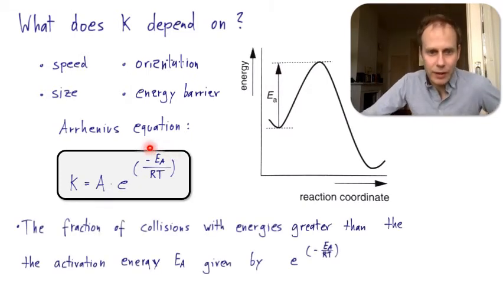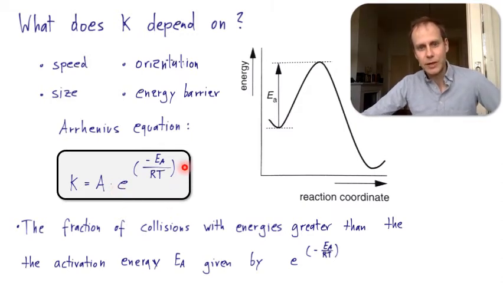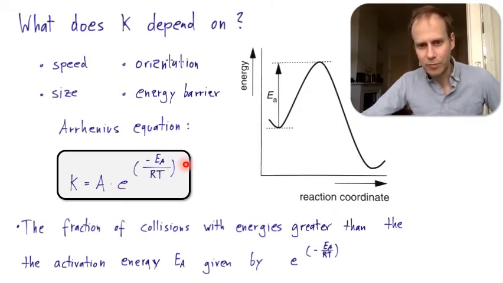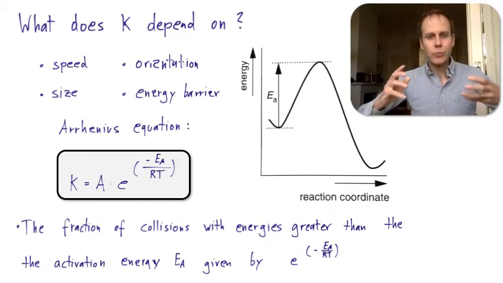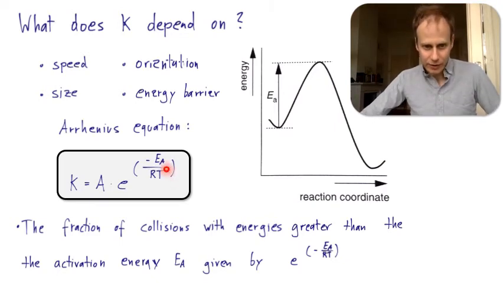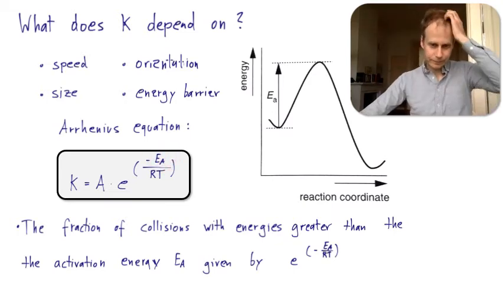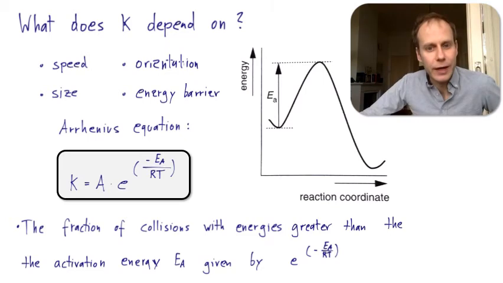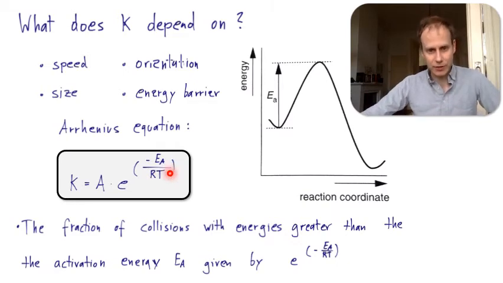And the entire term, this exponential function, tells you the fraction of molecules or of collisions with energies that are greater than the activation energy, right? And you see the temperature is here in the denominator, and the activation energy is in the numerator. So the higher the temperature, the more collisions you will have that overcome the activation barrier.